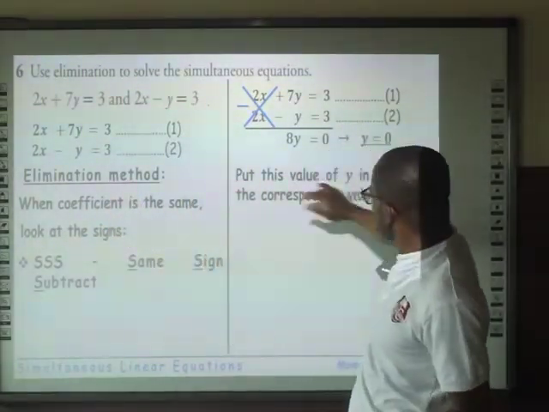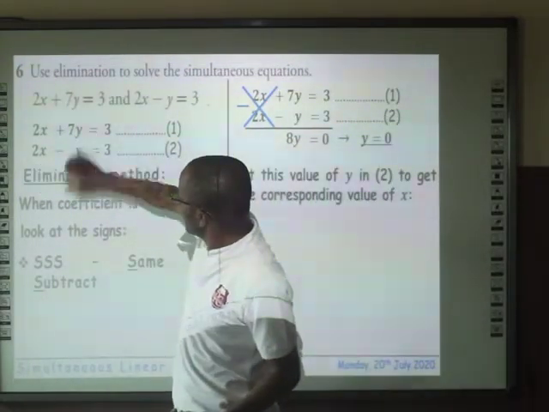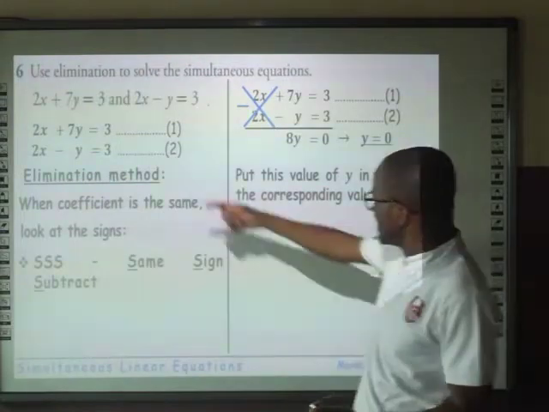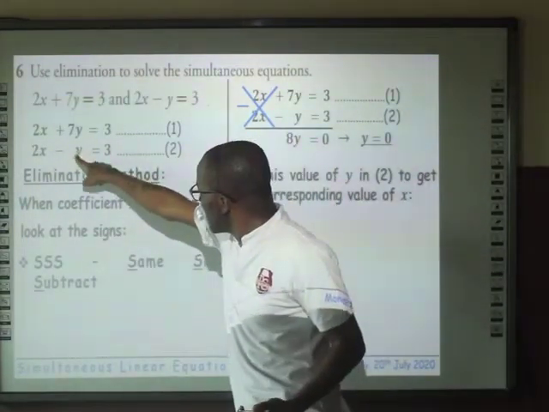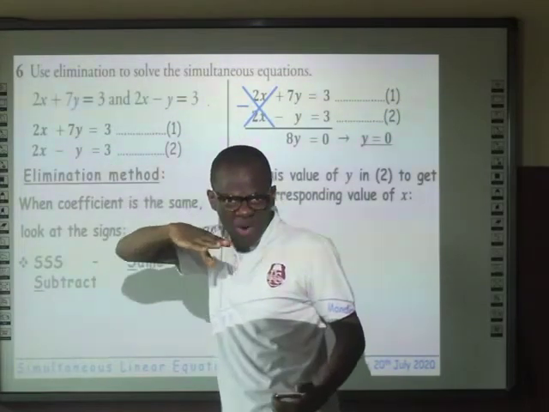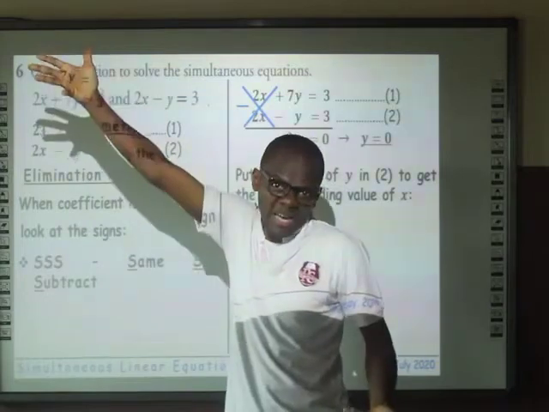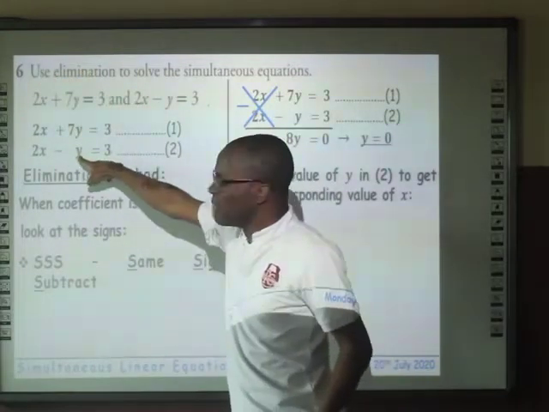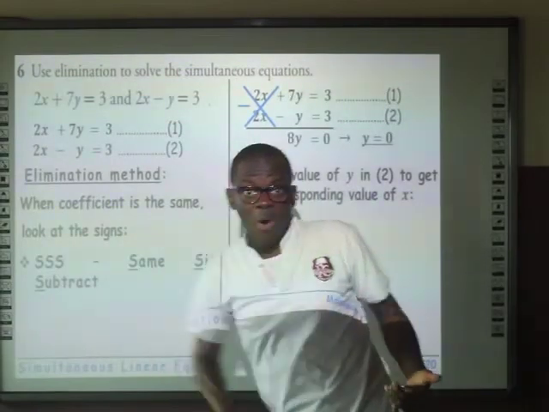We have y, we're looking for x. So you put it in equation 2, because here y has got coefficient 1, which is smaller. If you put it in equation 1 with 7 and you multiply, it's going to make it bigger. So that's why we prefer a variable with a smaller coefficient, because when you multiply, the value will be smaller.